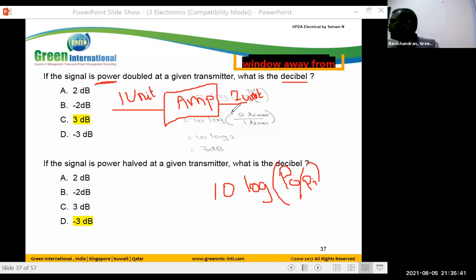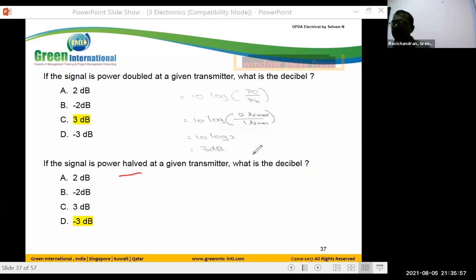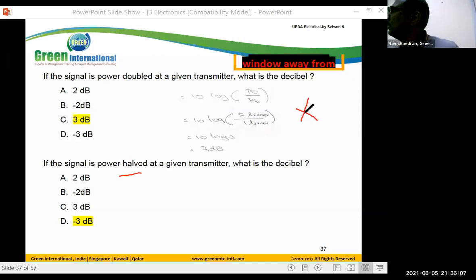I think we discussed this in the AC fundamentals. So 10 log 2 by 1 gives 0.3 dB, wait, 3 dB. For half, we have -3 dB. Recently, last week, one of our engineers had this 3 dB question in the WhatsApp.